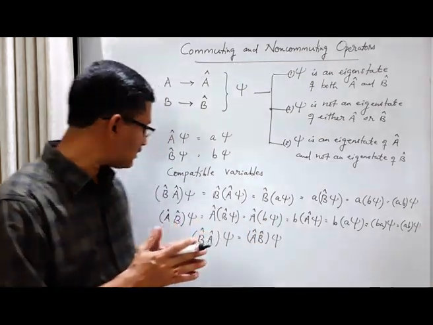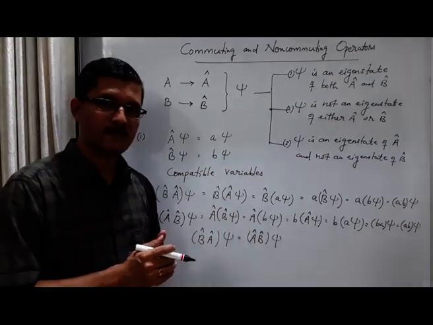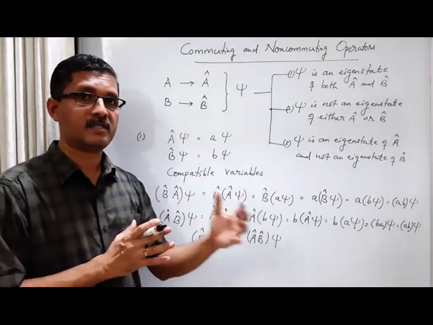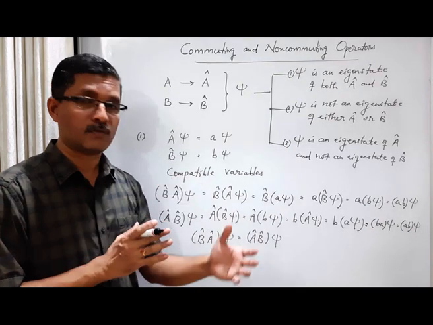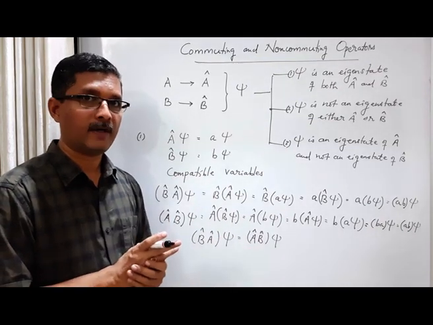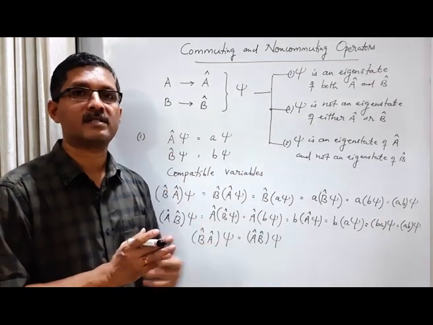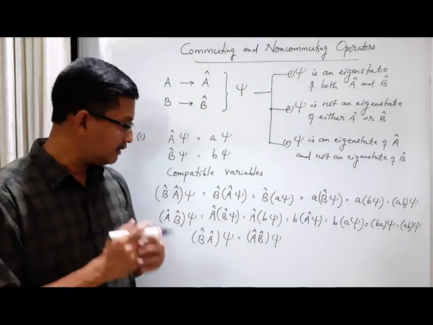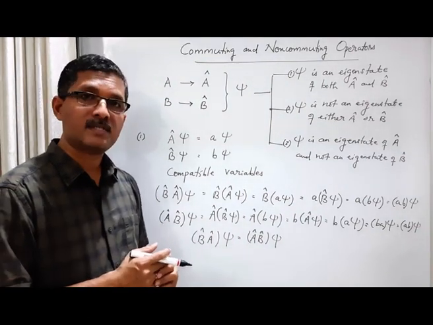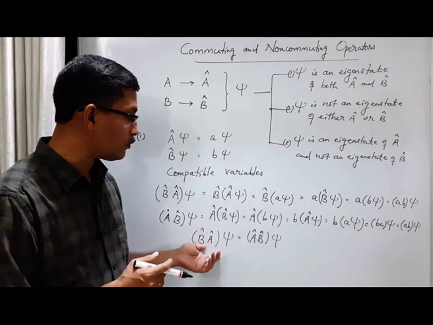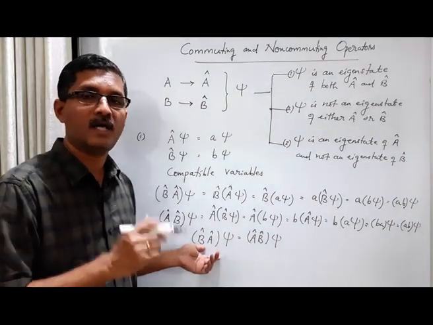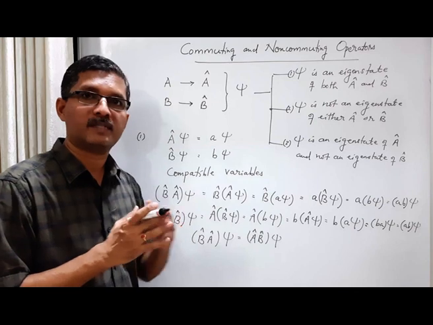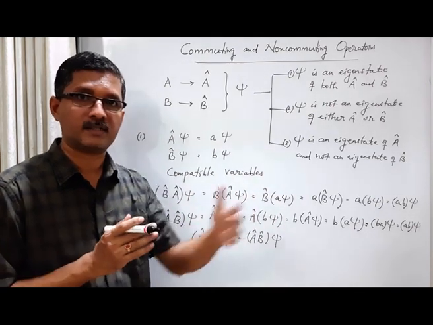So my point is, if this equation is satisfied by all the eigenstates of A and B, the complete set of eigenstates of A and B for the system, then it means that this equation is true for any general state of the system, because any general state of the system can be expressed as a linear combination of these eigenstates.